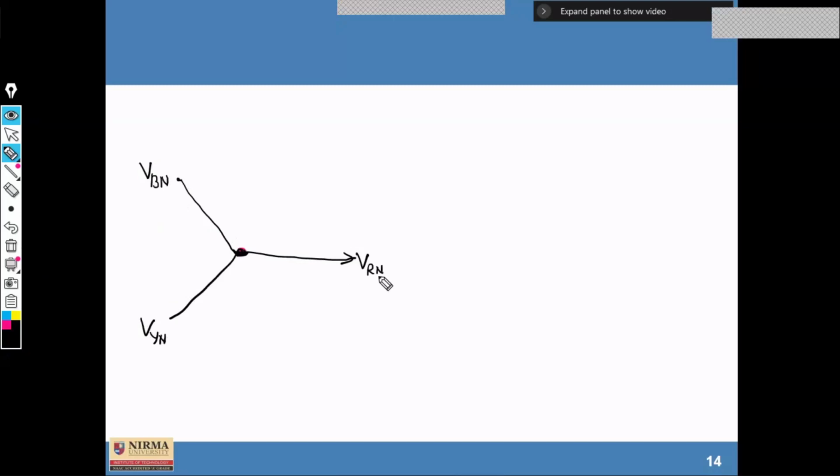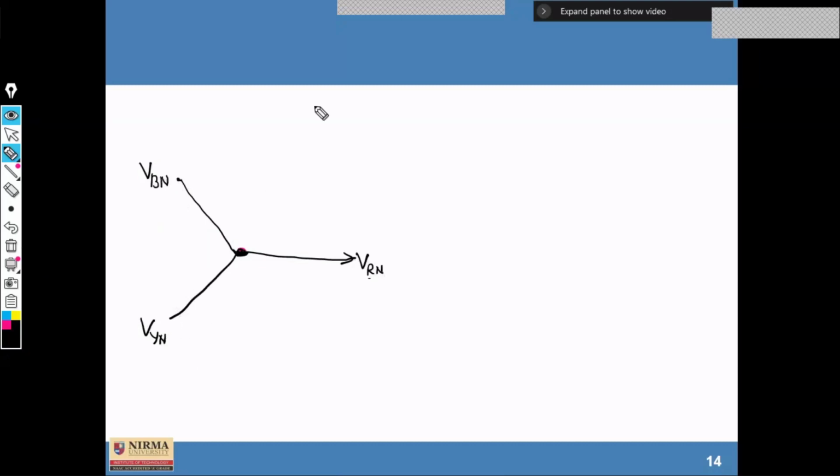What does it mean? R and N: it is the voltage between line and neutral, where neutral is the star point here. So this is the phase voltage, this is also a phase voltage, and this is also a phase voltage.